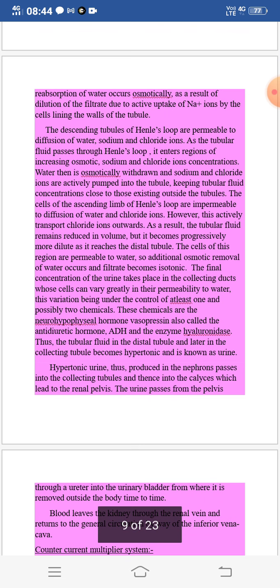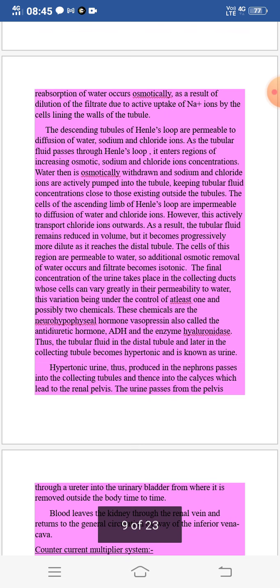The cells of this region are permeable to water, so additional osmotic removal of water occurs and the filtrate becomes isotonic. Here in this distal tubule, more water from the surrounding fluid externally will enter into the distal convoluted tubule, making the urine hypotonic in nature.